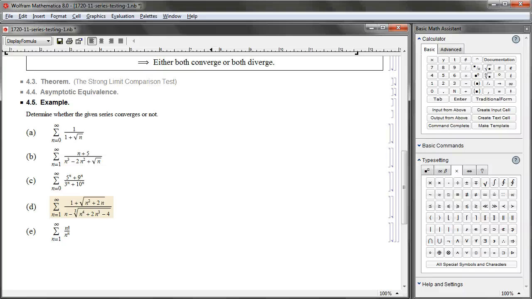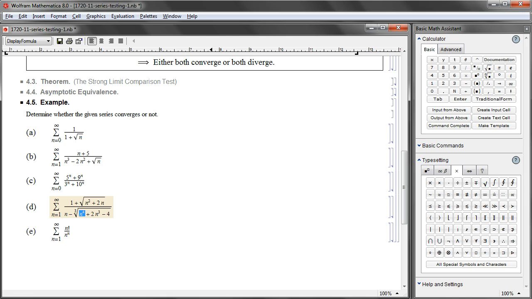This one, well, almost equally as easy. This is nothing but an algebraic series, so we can easily find out the growth order of the numerator. This one is not important, square root of n squared, so just growth order is 1. Oh, by the way, that's not important either. And then how about this one? This one is growth order 1, and this one n to the third power to the 1/3 power, so growth order 1.